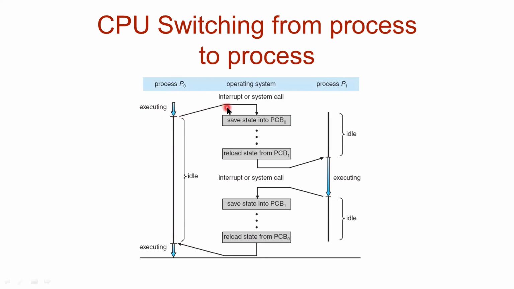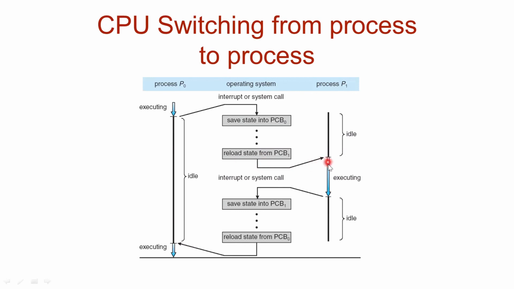It will save its state into PCB0. Saving state will take some time. Once the state has been saved, it will load the state of the other process, so it will load the state of PCB1.